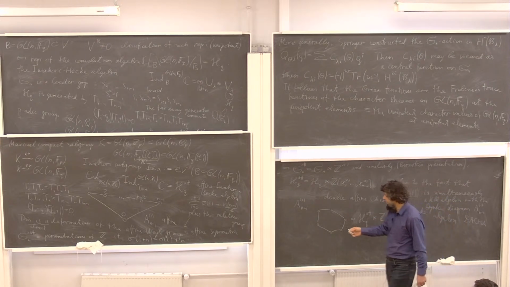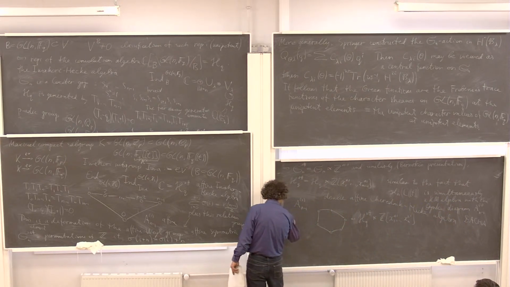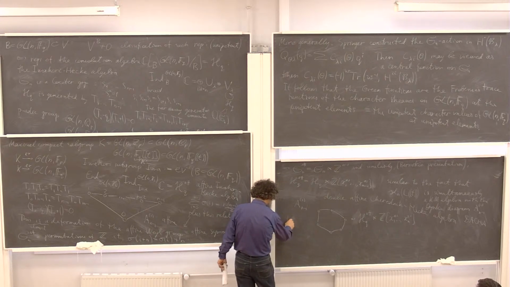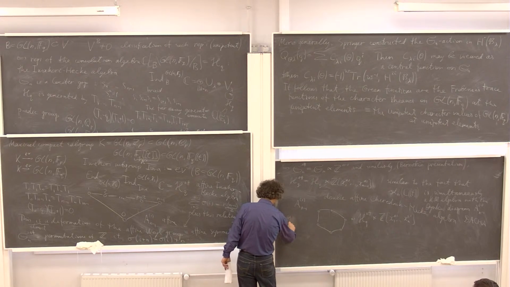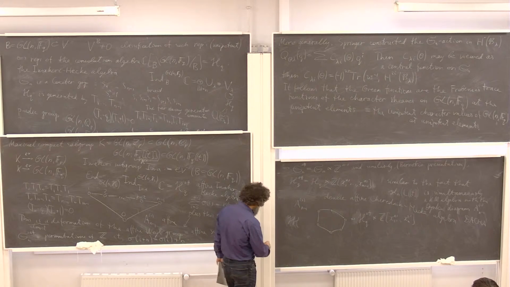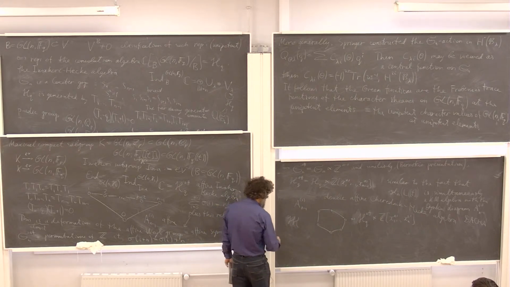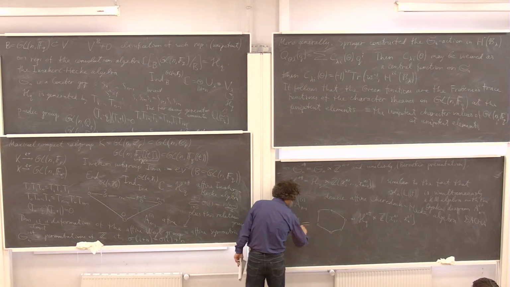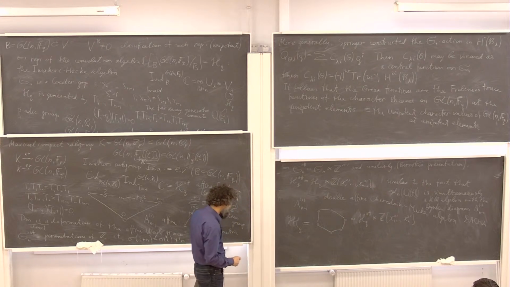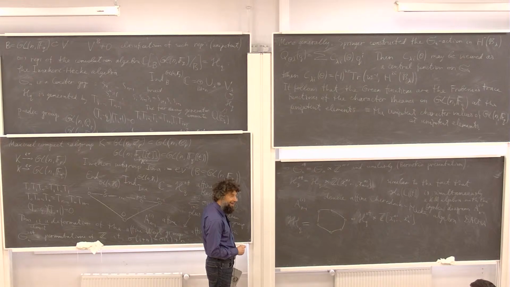And this is called the double affine Hecke algebra. How is it called? Something like this. Yes, double Hecke of Q. Okay, and now, pardon me? Yes.